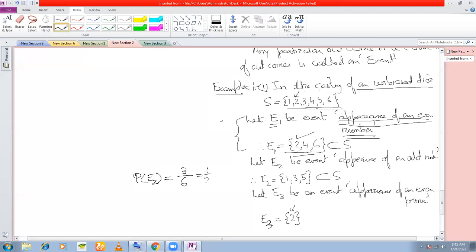So again, this is half. Let us say E3. If you have to calculate the probability of E3, how many outcomes are favorable to the event? Only one. And the total number of possible outcomes is 6. So the probability is 1 by 6. That is how you calculate the probability. I have given you a very simple example. We'll have further examples when we proceed with the problem from the textbook. So I'll stop here.